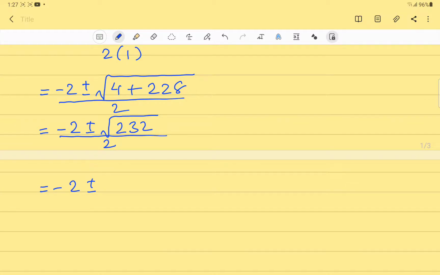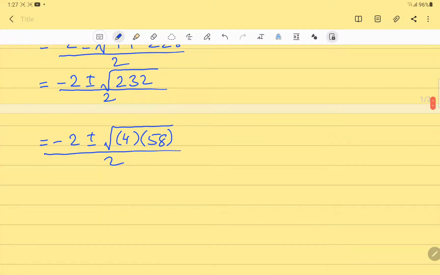This 232 can be written as 4 into 58. Square root of 4 will be 2, which we will take out. So minus 2 plus minus 2 square root of 58 over 2.